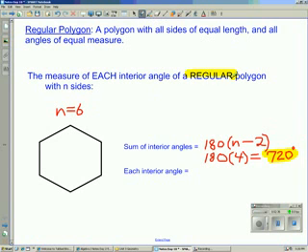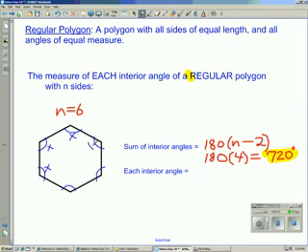Now, this hexagon is regular. That means all the sides are the same length, and all of the angles are the same measure. They add up to 720. How can I figure out how many degrees in each if they're all the same? I'll give you a hint: if they're all the same, I can represent them all by the same letter.